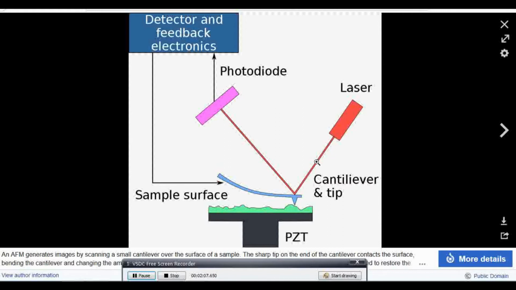That is being measured, and the deflection of this cantilever tip is measured when there is a difference in the positioning of the lasers that's been reflected from the back of this cantilever tip, and it is measured through the photodiodes, which will keep on getting the signals and the changes that happen, and this will be used as the recording for the data. And this is called the detectors and feedback in electronics.